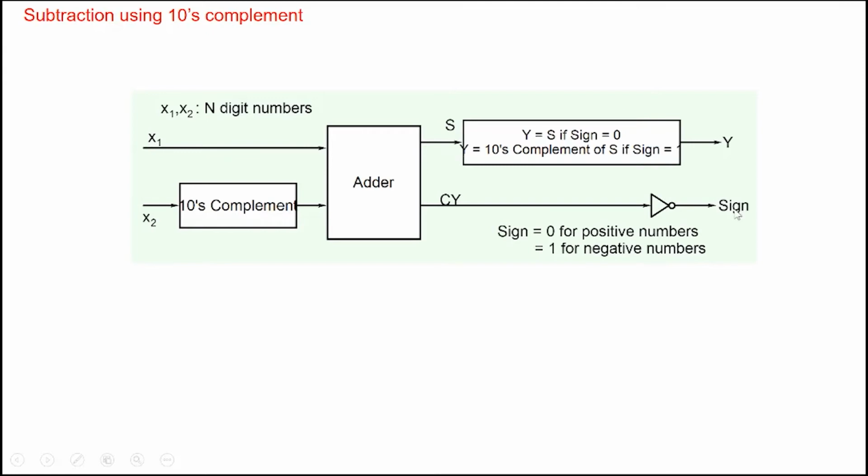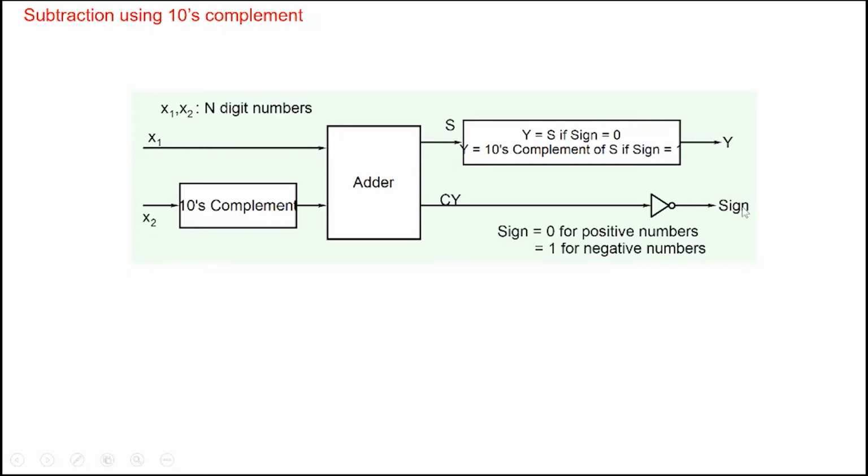This is called the sign. When subtracting, you can get a positive number or a negative number. The sign is 0 for a positive number and 1 for a negative number. Now the final output y equals s if sign equals 0. So if it's a positive number, then y is simply equal to the sum s that you get here.